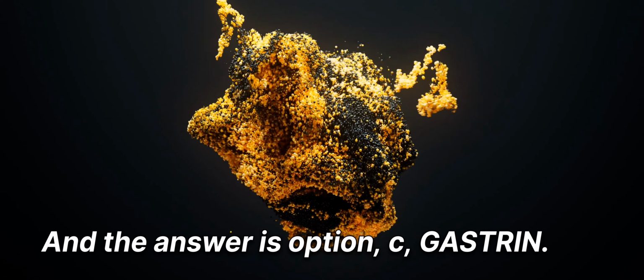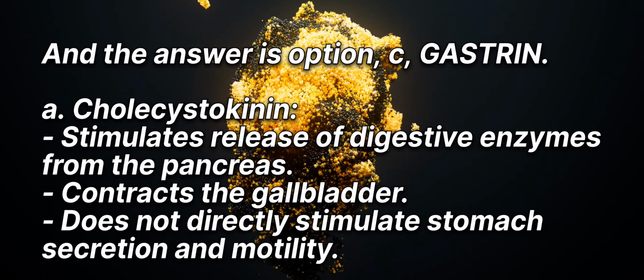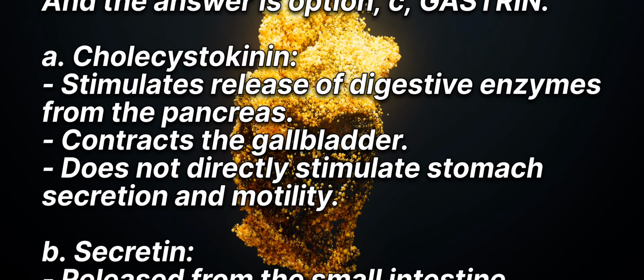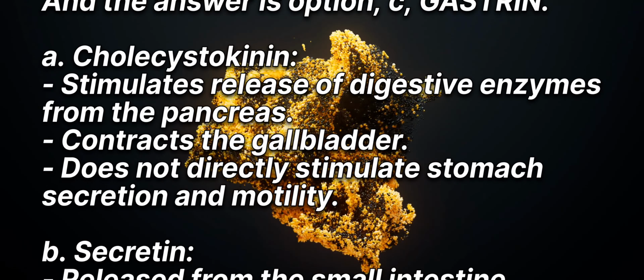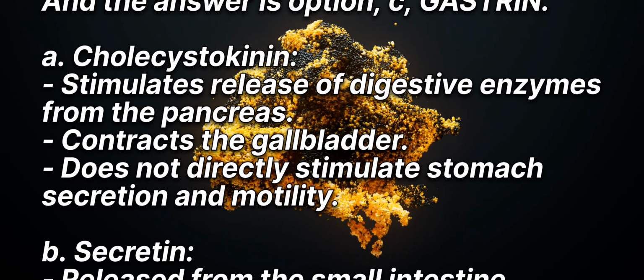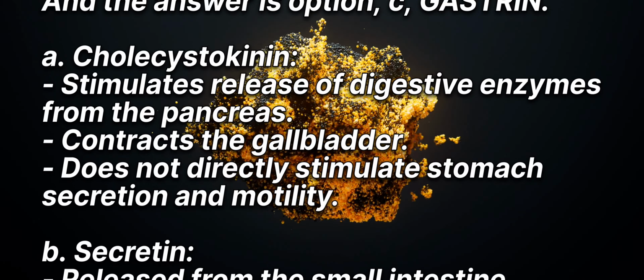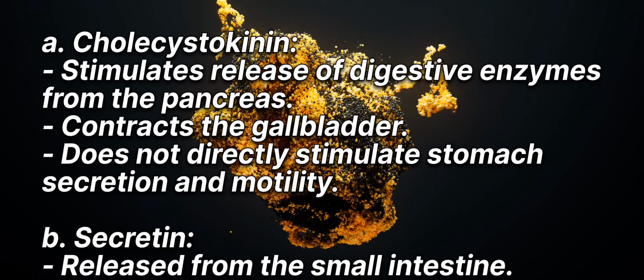And the answer is option C, gastrin. Cholecystokinin stimulates release of digestive enzymes from the pancreas, contracts the gallbladder, does not directly stimulate stomach secretion and motility.